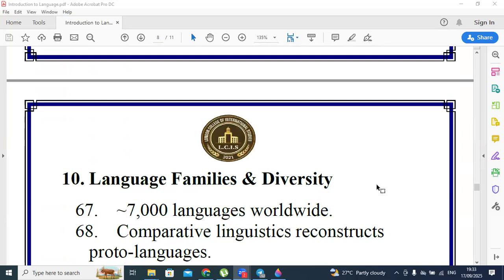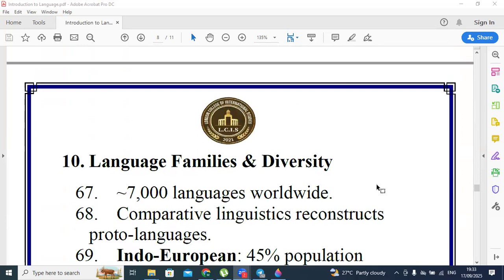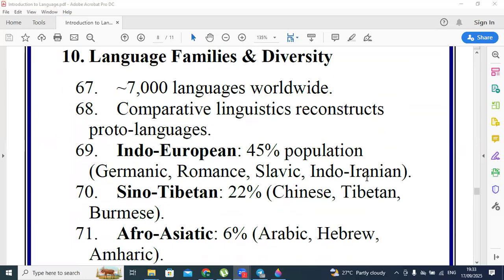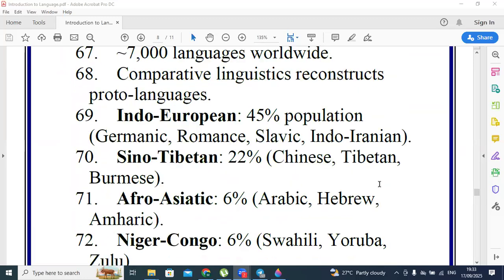Language families, diversity. 7,000 languages worldwide. Comparative linguistics reconstructs proto-languages. Indo-European, 45% of the population: Germanic, Romance, Slavic, Indo-Iranian. Sino-Tibetan, 22%: Chinese, Tibetan, and Burmese.